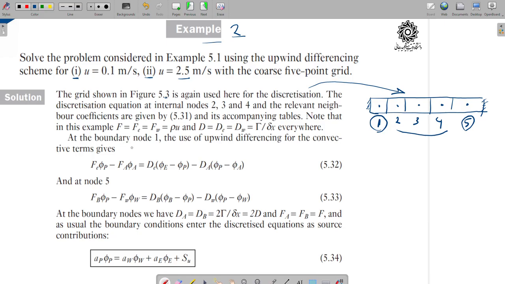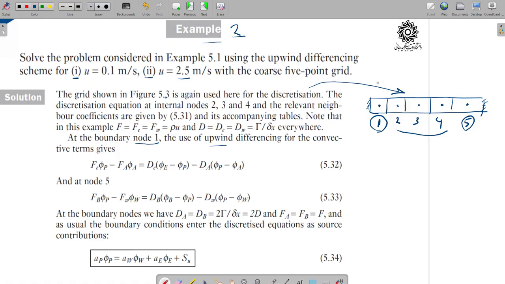At the boundary node or cell, the use of upwind difference for the convection term gives the following.